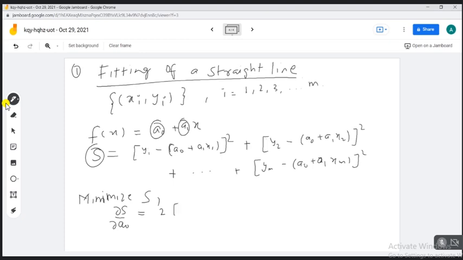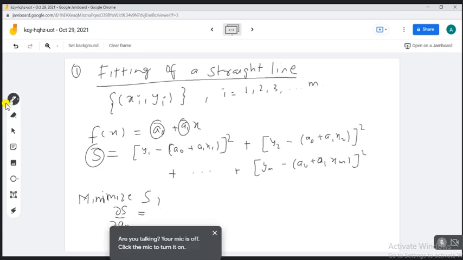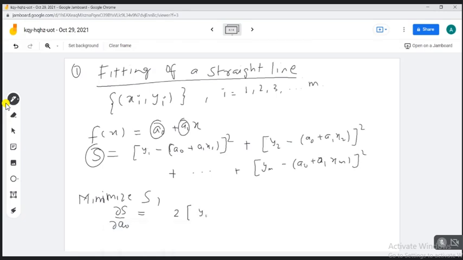Just simple partial differentiation. So it becomes, and then a minus 1.